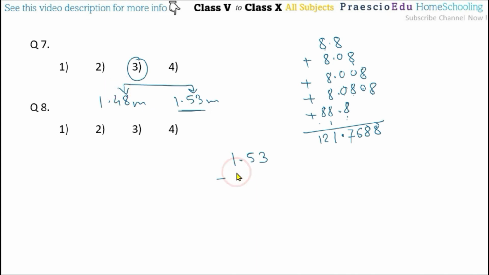So subtraction with 1.48. Now 3 minus 8 is not possible, so it's 13, borrowing 10 from here, so it will become 4. 13 minus 8 is 5, then 4 minus 4 is 0, then the decimal point as it is, 1 minus 1 is 0, so the difference is 0.05, and this is given in option number 2.